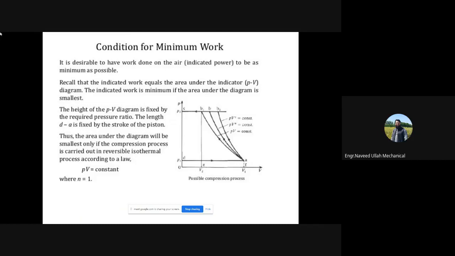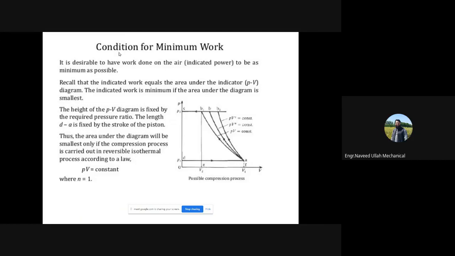So the first portion was completed in the previous class. Now, after discussing some of the slides, we will discuss the rest of the two bullets: the reciprocating air compressor with clearance volume, and why we need multi-staging and what multi-stage compression is. So today's discussion will be about that.